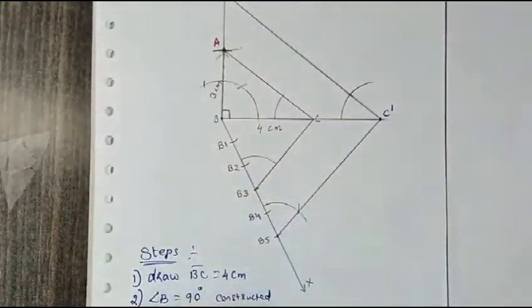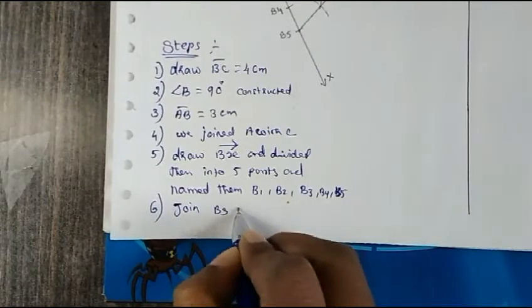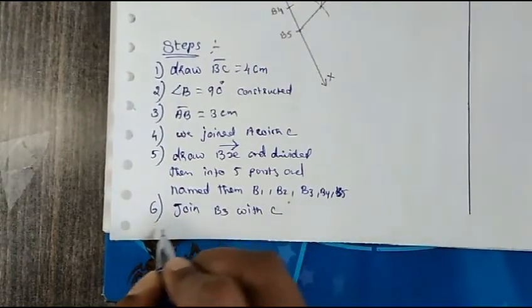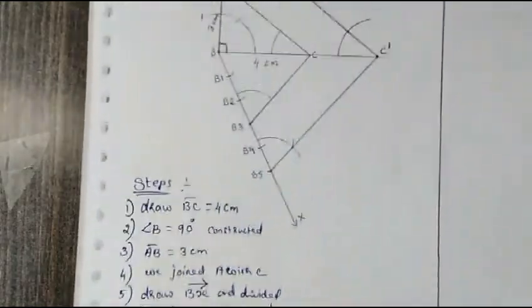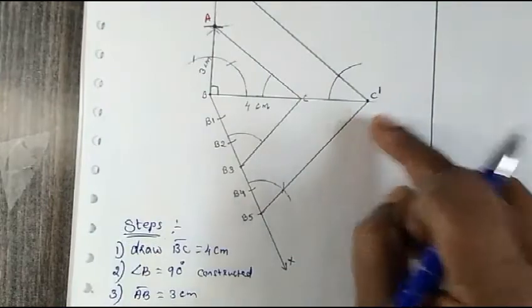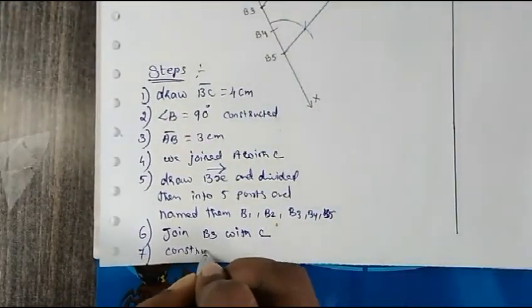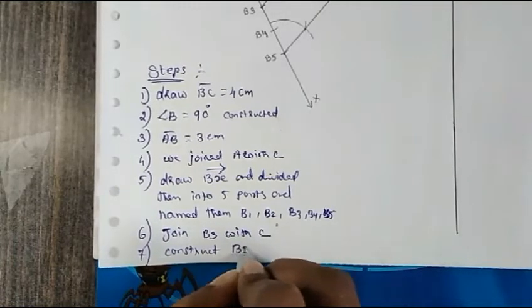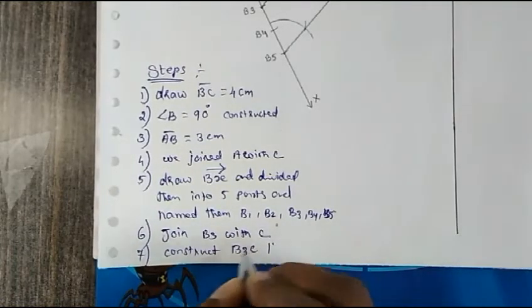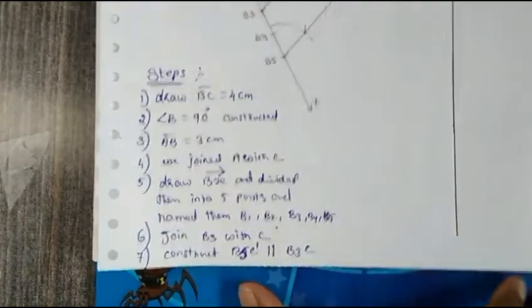Then we joined B3 with C. Then we constructed a parallel line, that is B5 and C dash, construct B5 C dash parallel to B3 C.